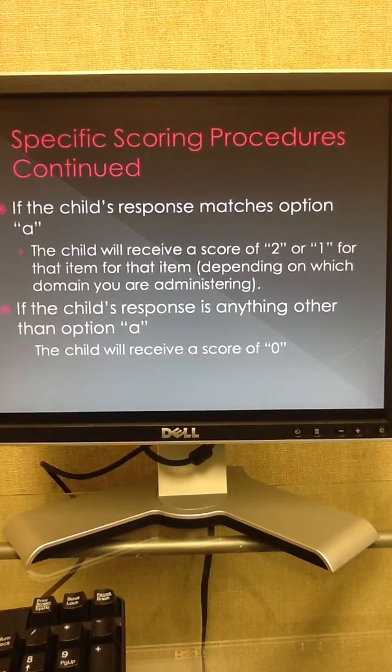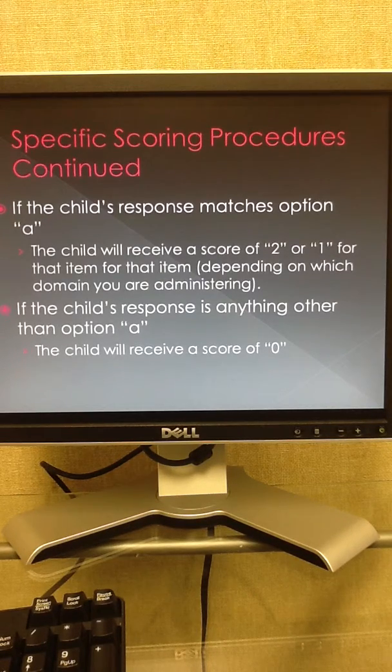So generally what is considered correct on the record form is the response listed under A. So if the child's response matches what option A says, then it will be considered correct and they'll receive a score of either 2 or 1 depending on which domain we're in, whichever one's considered correct.